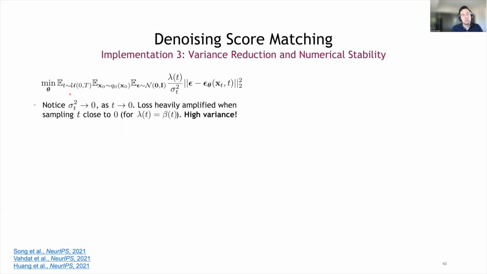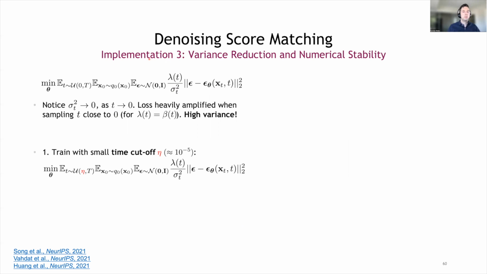But this means that if I sample a t close to 0, then this loss might be heavily amplified, at least for the case when we do not choose the lambda weighting function to cancel out the sigma squared. So for these reasons, we sometimes see tricks in implementations where we train with small time cutoffs, so we prevent sampling t's that are extremely close to 0.